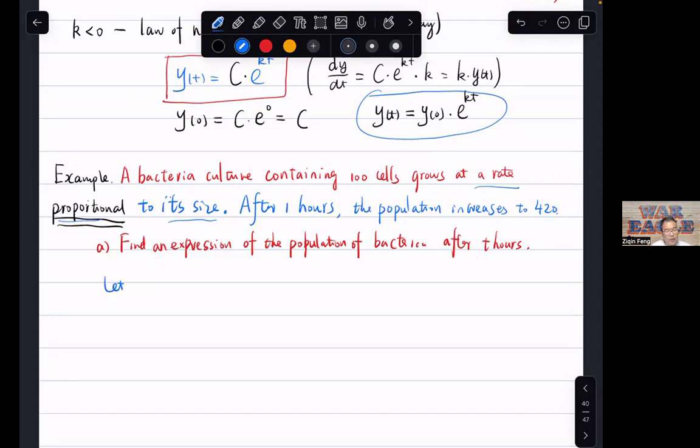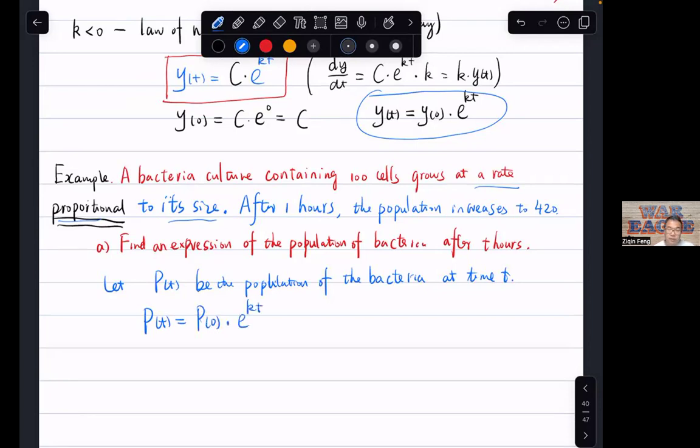Let's use the population function, let's use capital P, right? Let P of t be the population of the bacteria at time t, right? So we know that P of t should equal P of 0 times e to kt, right?